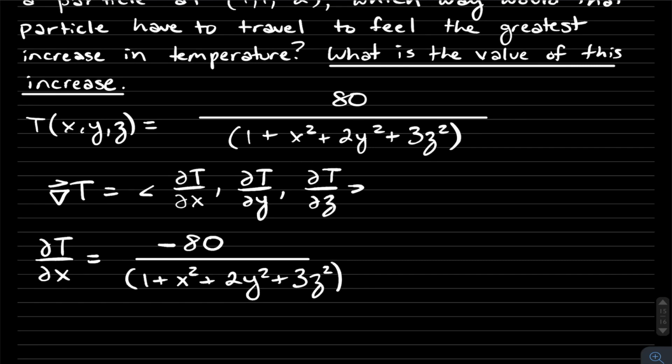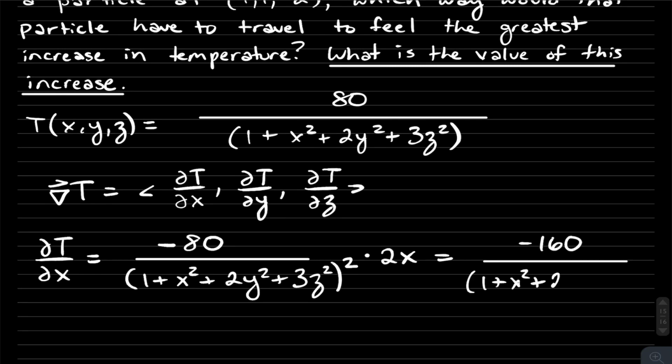Okay, and that's going to be squared, and then we multiply by the derivative of the inside, which, if we're taking a partial with respect to x, the derivative with respect to x on the inside is 2x. And so we can rewrite this as negative 160x over 1 plus x squared plus 2y squared plus 3z squared, and the denominator gets squared.